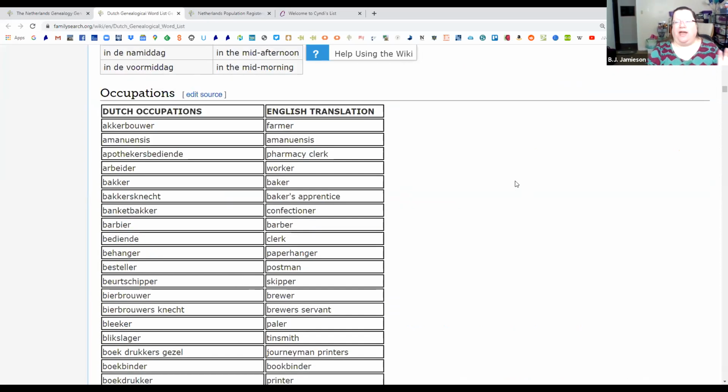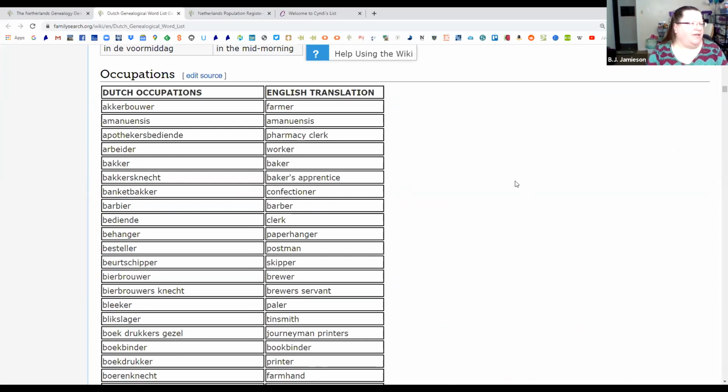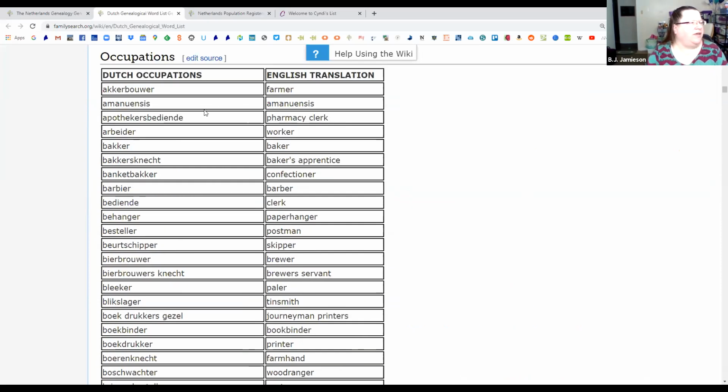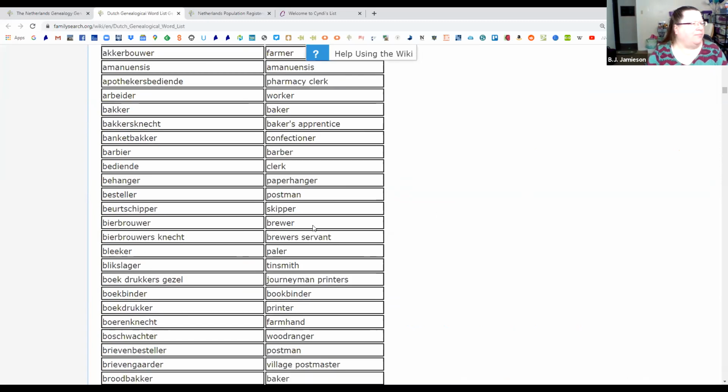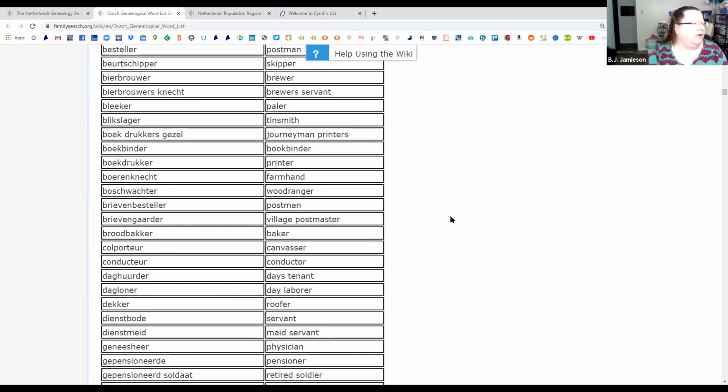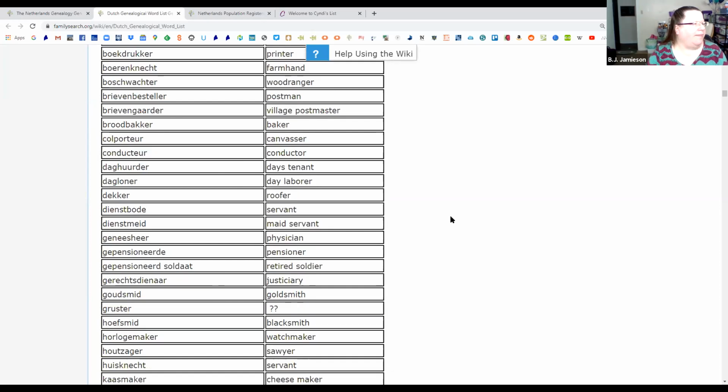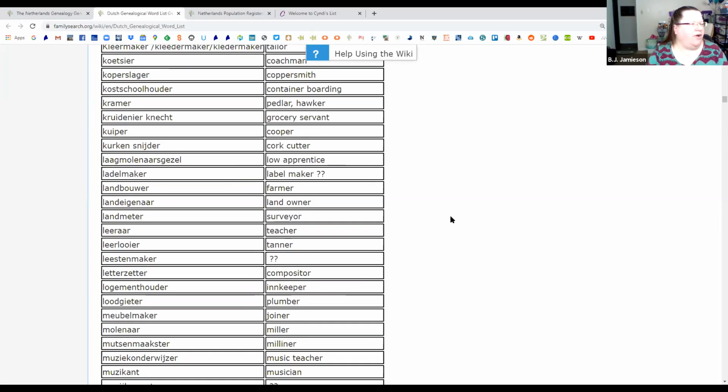They list the occupations. This is a nice one to have pulled out because it looks like you've got farmer, baker, brewer, and so on.